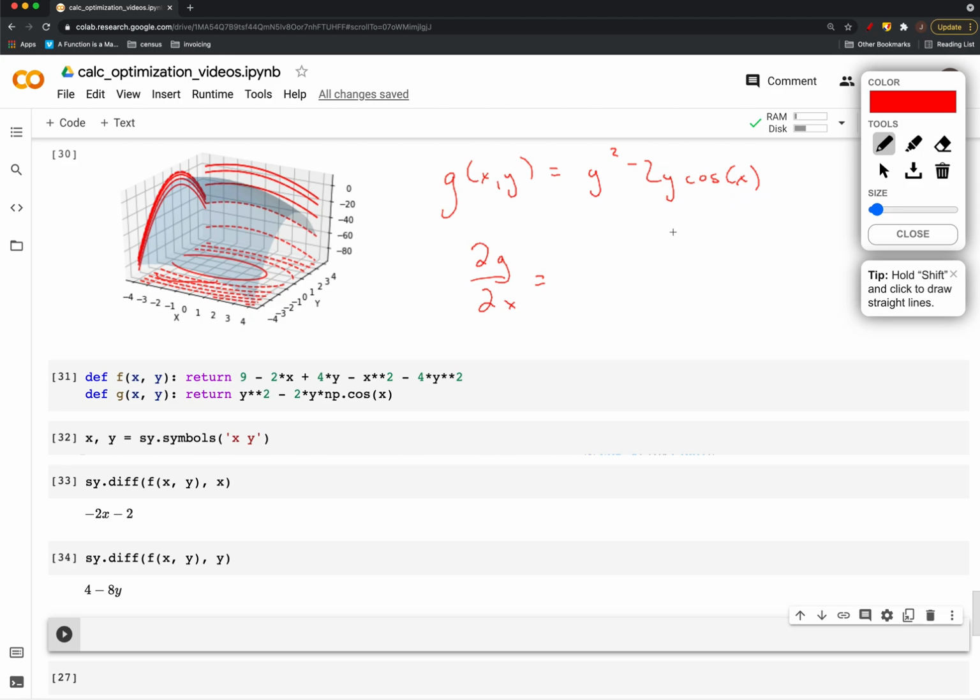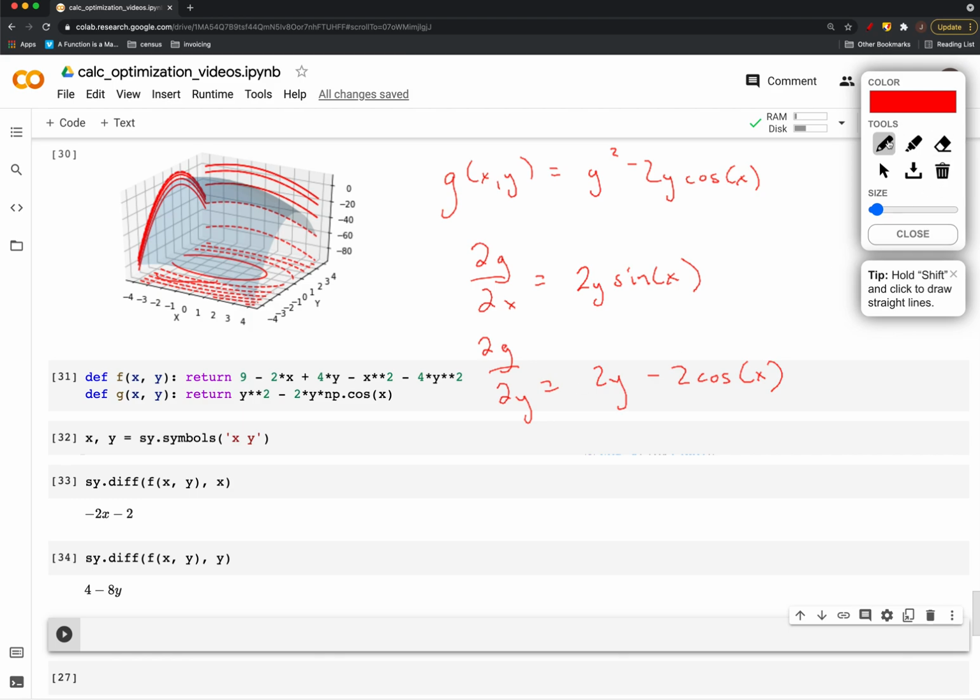The derivative of cosine is negative sine, so we get 2y times the sine of x. For the derivative of g with respect to y, everything else is a constant, so we have y squared, which is going to be 2y, and minus 2y, so that will just be minus 2 cosine of x.